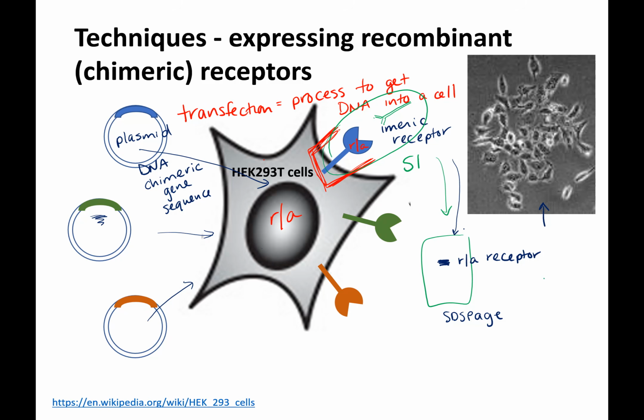And the reason these cells are used, not that they have anything to do with a coronavirus infection, is they're easy to grow, they're easy to transfect, and the T antigen allows for a high level of protein expression. So this is just a totally artificial system, but it's allowing us to look at these protein-protein interactions.